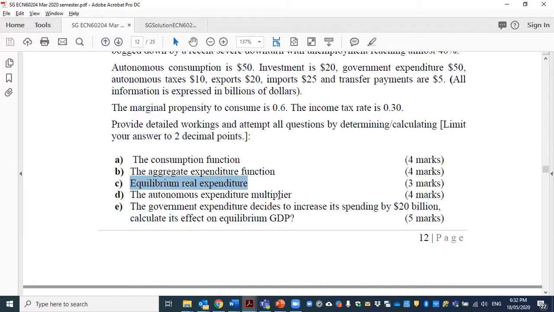Then the multiplier effect. Then this time it asks to imagine the government wants to increase spending by 20 billion, and calculate the effect on equilibrium. So it's very easy, let's do it again.